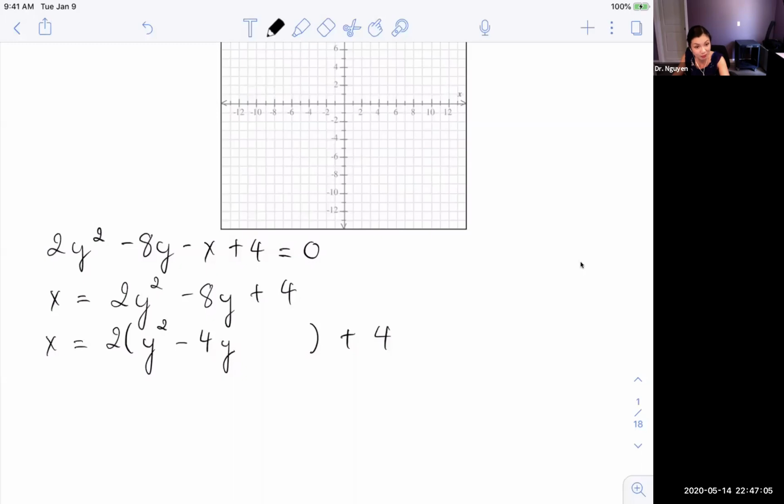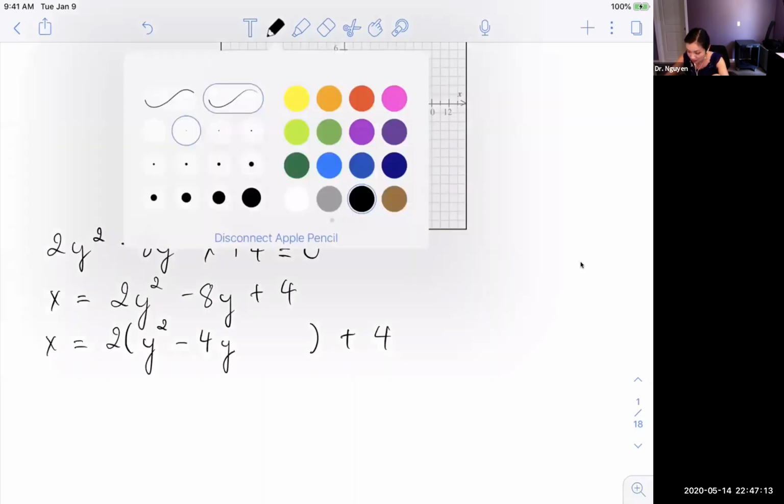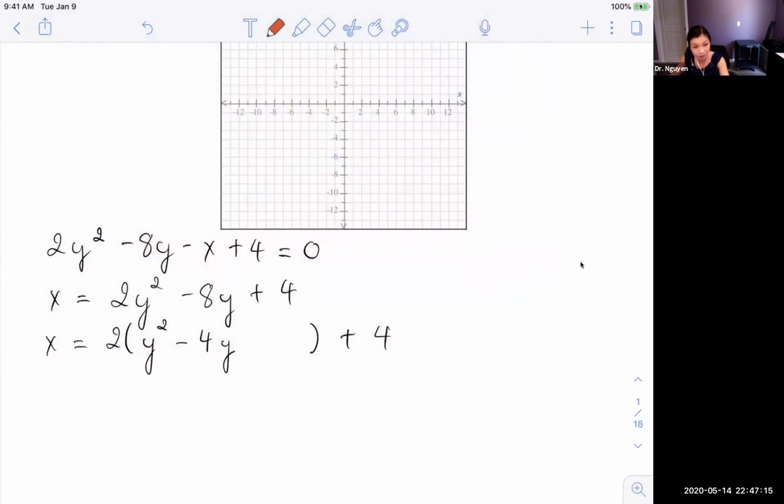Hopefully you still remember that. So how do we complete the square? We take b divided by 2, squared. In this case, b is negative 4, divided by 2, squared, you're going to end up with positive 4. Now you just add 4 to the one side, and you're going to have to take it away right away, so we're not changing the equation.